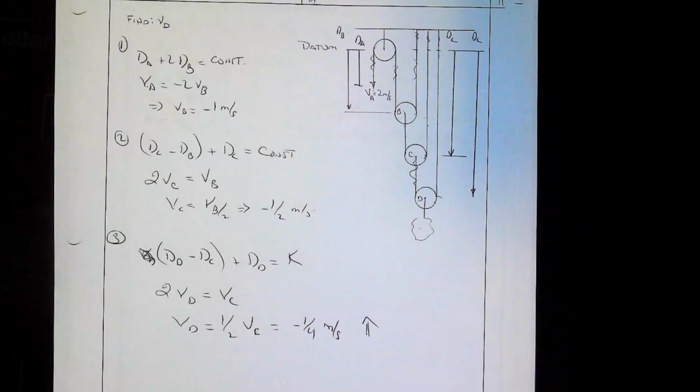Take the derivative, I have 2VD equals VC, or VD is 1/2 of VC. So they both have the same sign, so they're both going in the same direction. No problem. So knowing VC is minus 1/2, we're left with VD is minus 1/4 meter per second, which is going up.